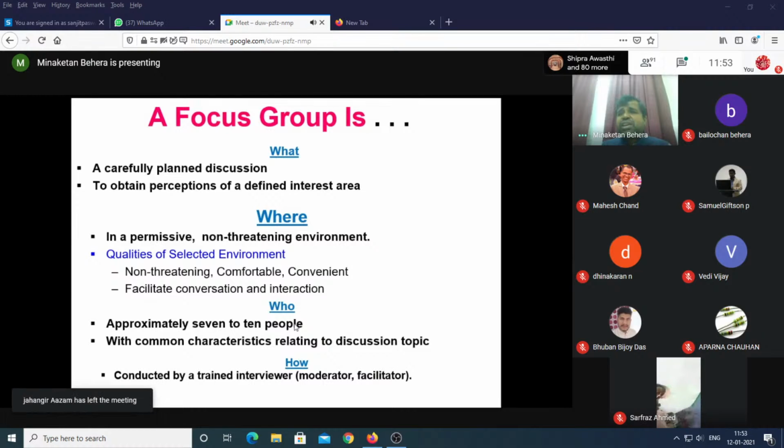You take the understanding of what they discussed and what points are coming up. So for a focus group, you will find these points: what, where, who, how. Also, there are conditions. As a researcher, this is very, very essential when you are doing a field survey.